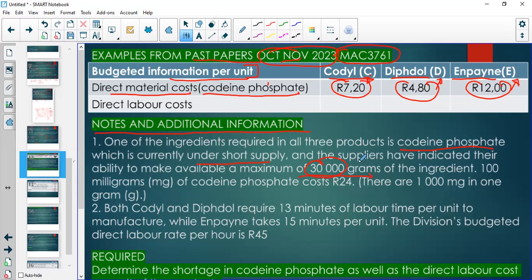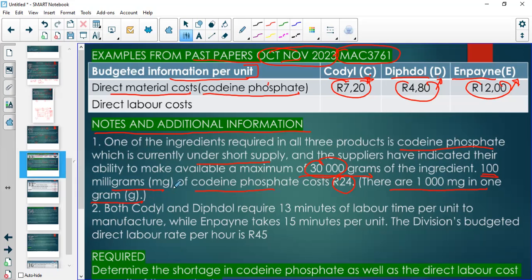They tell you that 100 milligrams of this input costs 24 Rand, and that there are 1,000 milligrams in 1 gram. So they've given you the information.